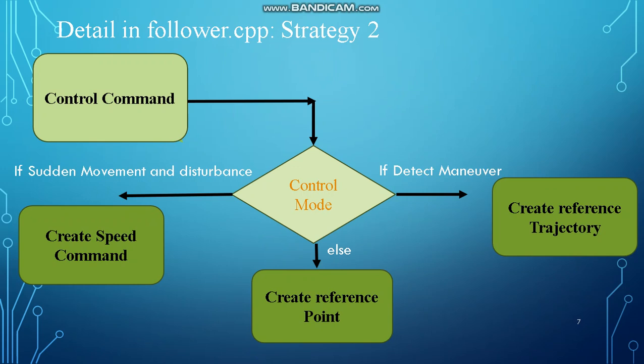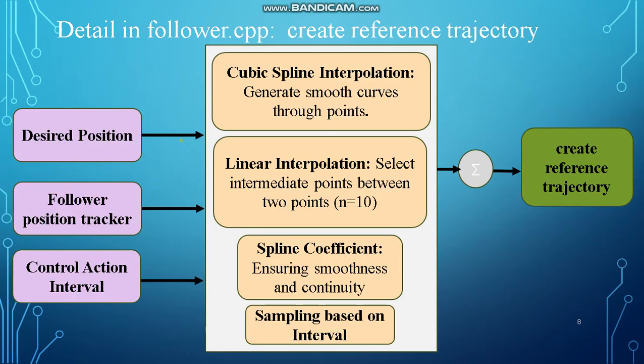Creating a reference trajectory is a better option because you can have the start and end point and make some curvatures there. And when there is a sudden movement, it is not a straight path and there are some disturbances, create speed command will be used, and if none of them applies, it will switch to create reference point.